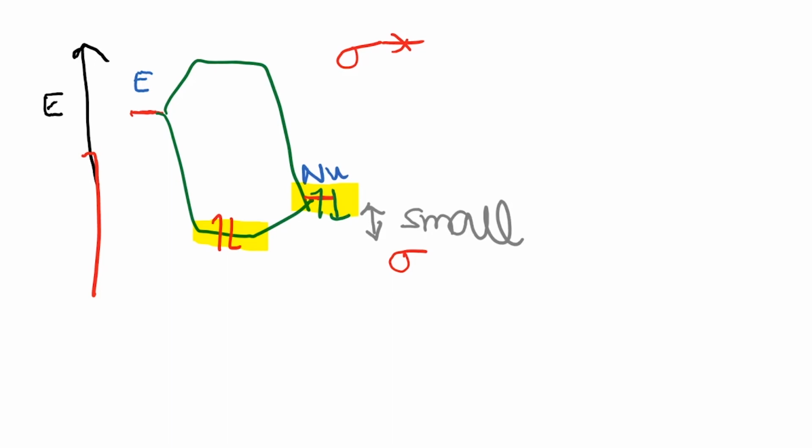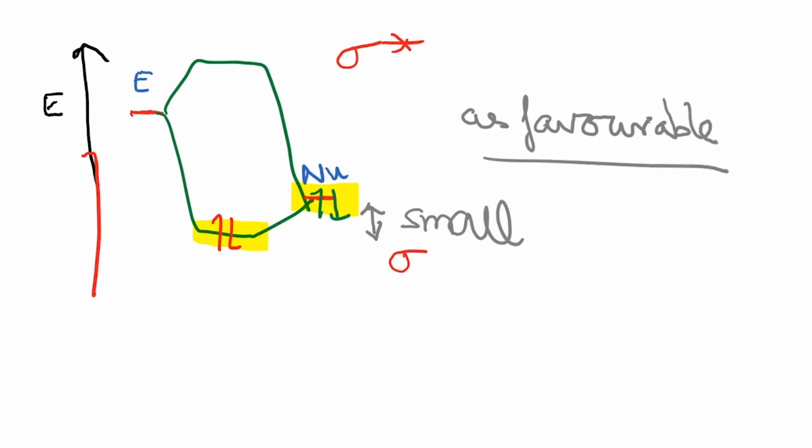Based on this analysis, although there's a gain in energy, it is quite small, and therefore this may not be as favorable as something which has a greater gain in stability. So it's probably likely that this kind of reaction does not occur.